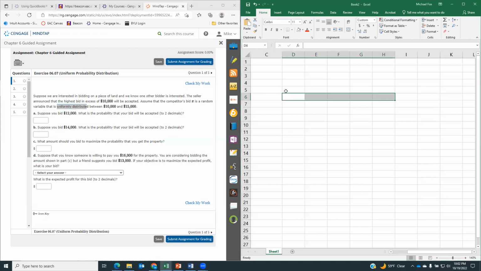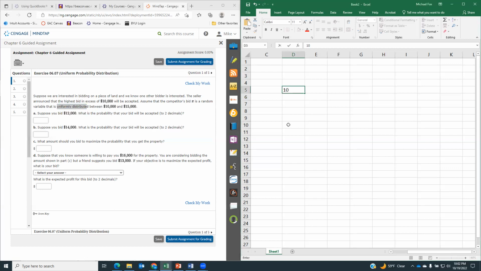To figure these out, what we have to do is break down how these bids could go. It says that the seller has announced the highest bid in excess of $10,000 will be accepted.